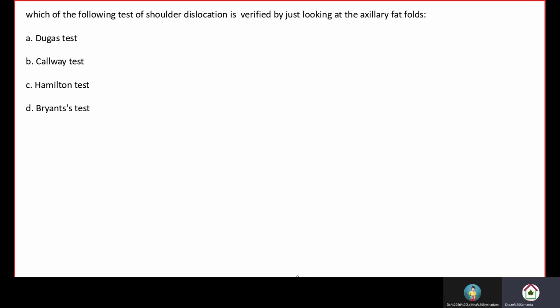Which of the following tests of shoulder dislocation is verified by just looking at the axillary fat folds? Very important.